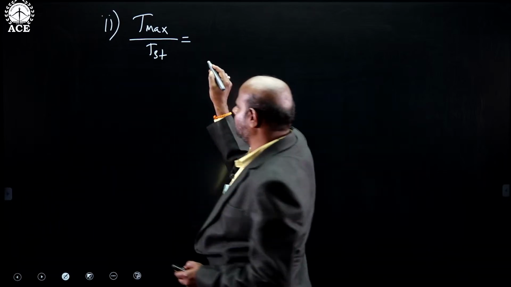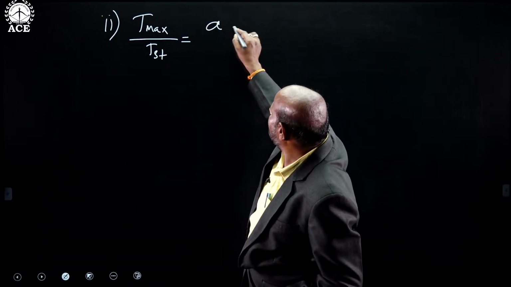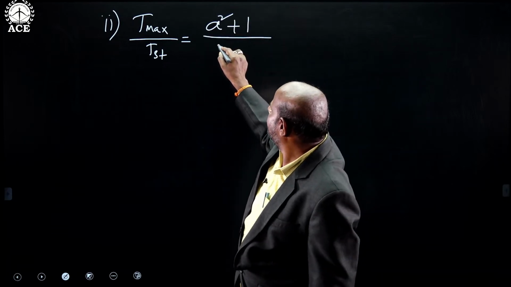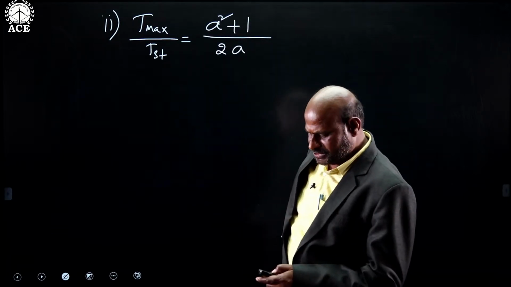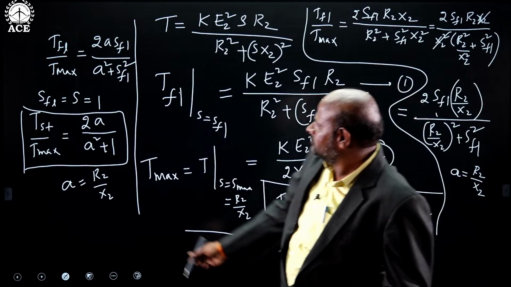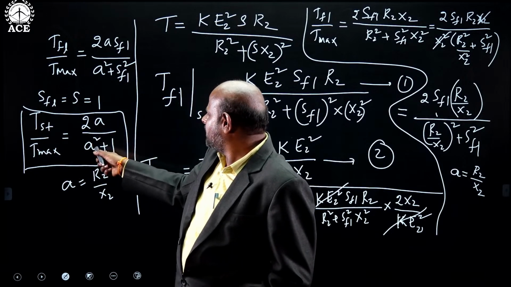So what is the formula? Just check the formula. Starting torque to maximum torque is 2a by a square plus 1.